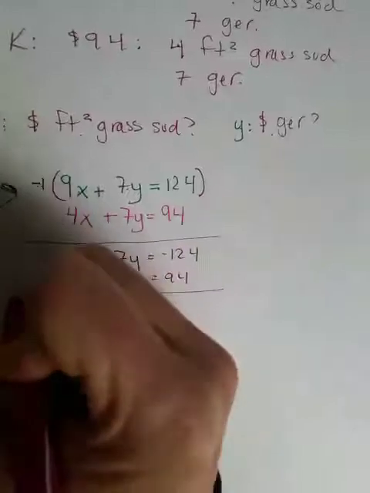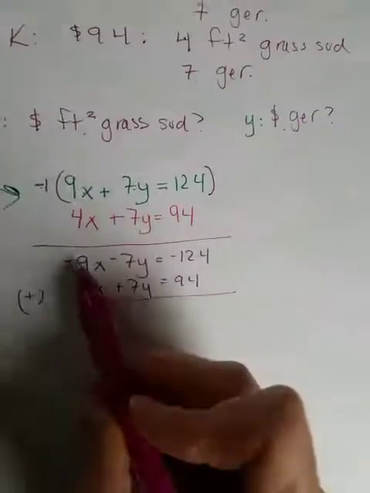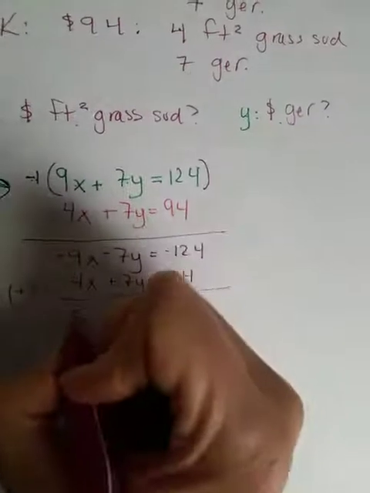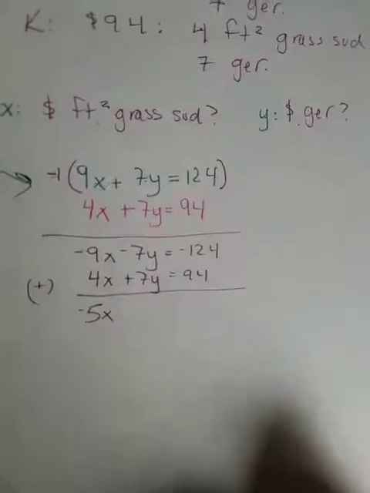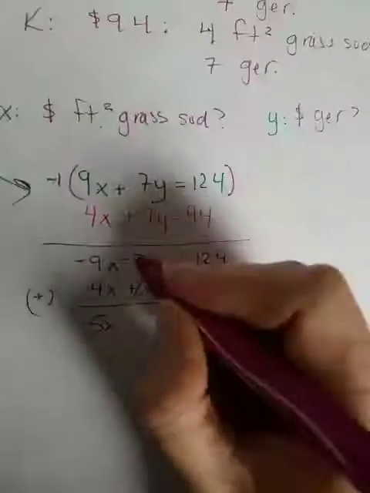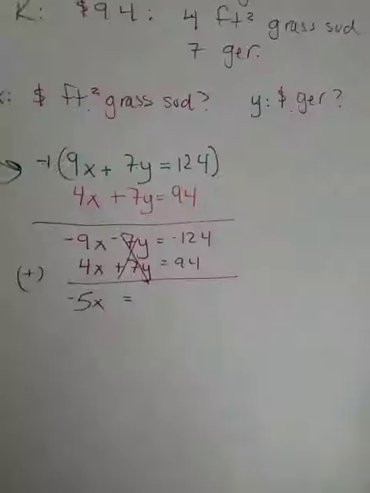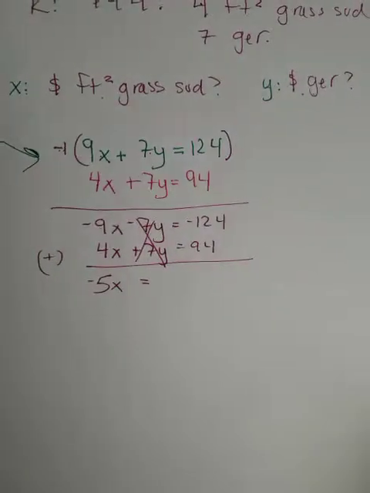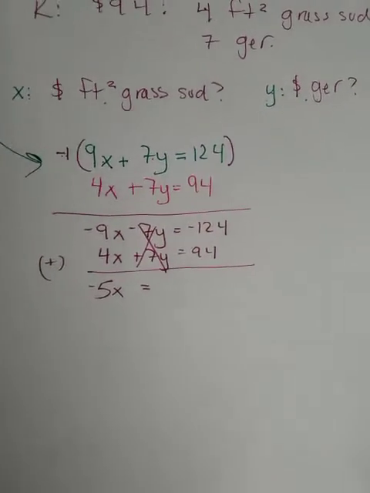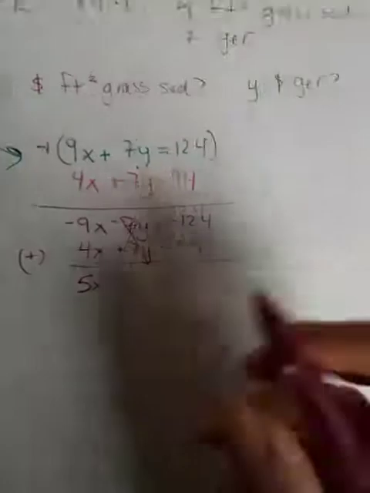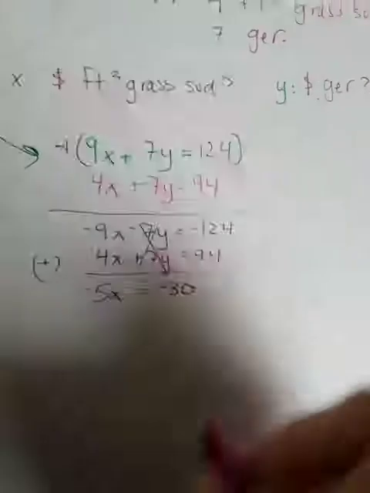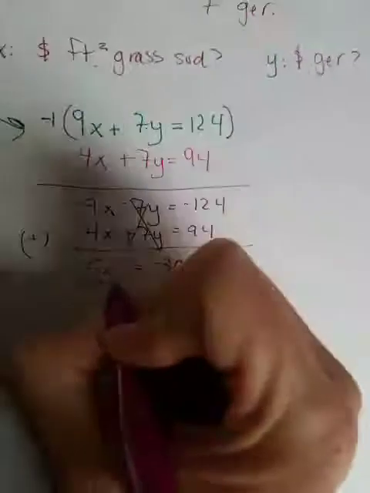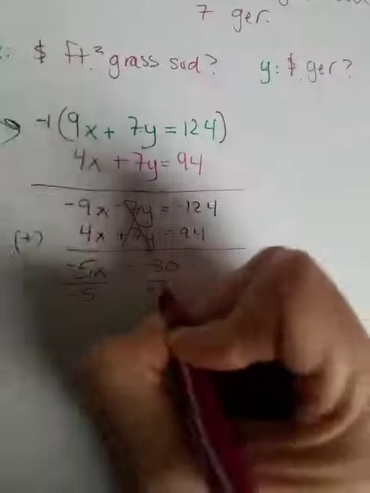Remember, you're always adding these together. So -9x plus 4x is -5x. -7y and 7y cancel out to 0. And then you have a -124 and you're adding a 94 to that. And that gives you -30. So to solve for x, you're going to divide both sides by -5.